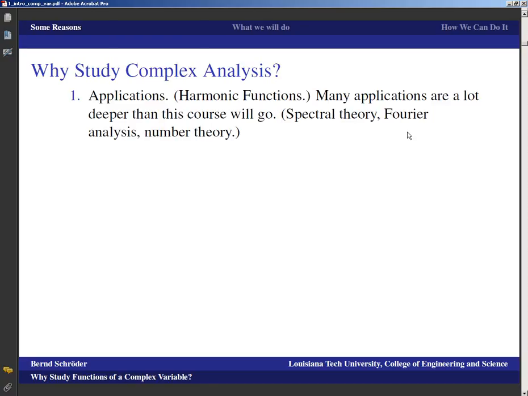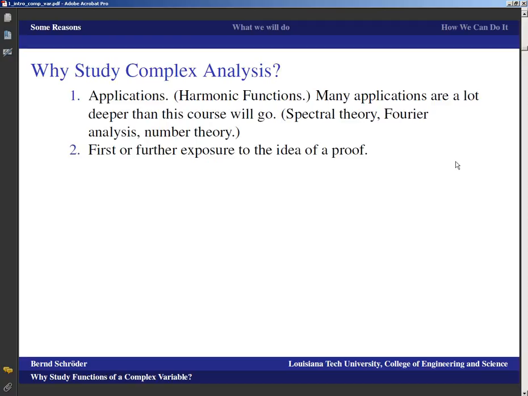Fourier analysis is highly applied, and number theory is considered a very pure branch of mathematics. However, with recent events in public key encryption, recent as of 20 or 30 years ago, public key encryption actually makes number theory also applicable. These three branches are just very widely spread across the mathematical spectrum.